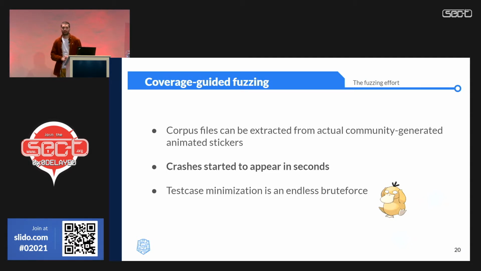The first is that the corpus, so the starting files from which to mutate and create new potentially crashing test cases, can be extracted from actual community-generated animated stickers.